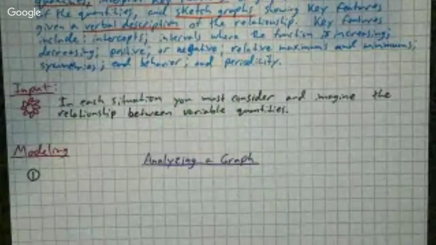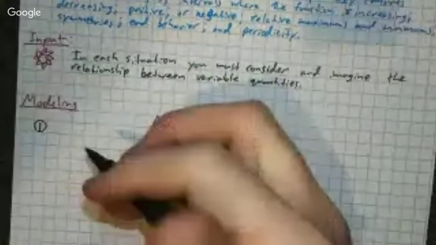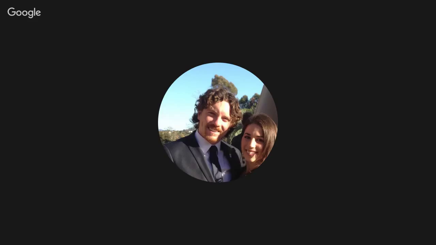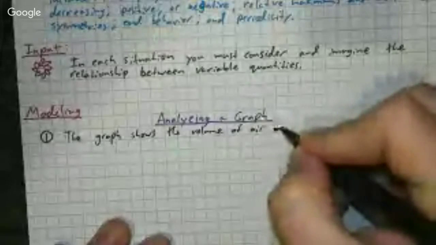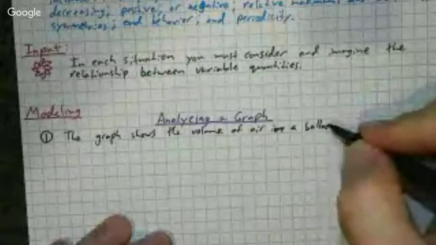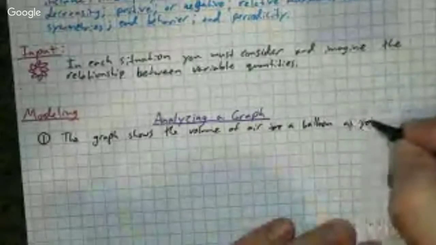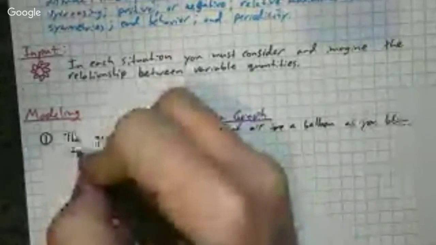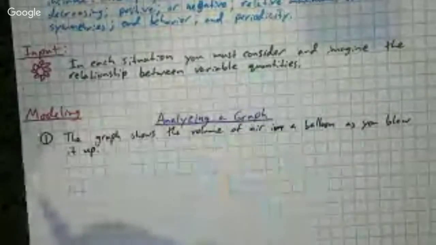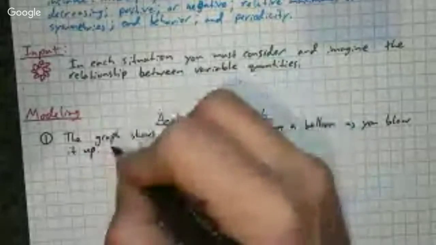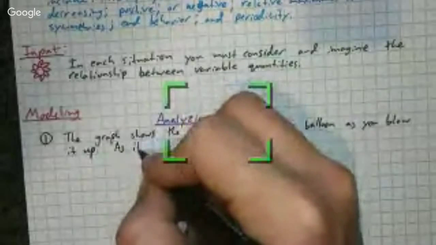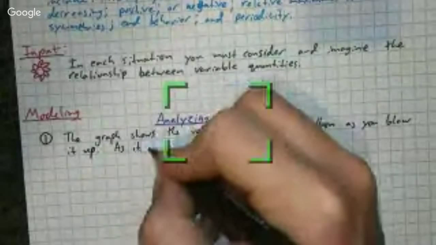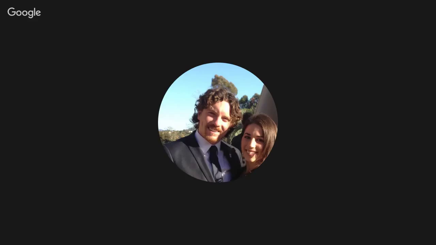So the question says, the graph shows the volume of air in a balloon as it pops.